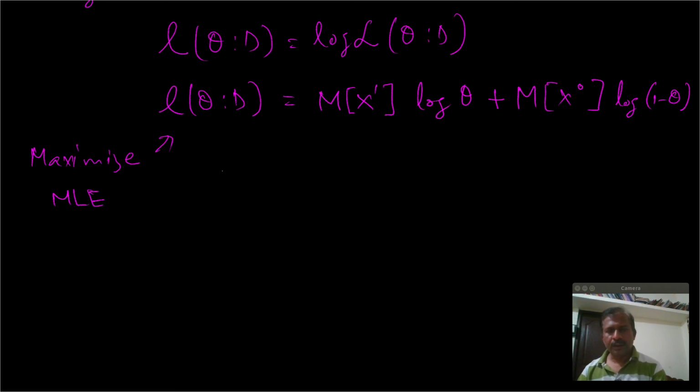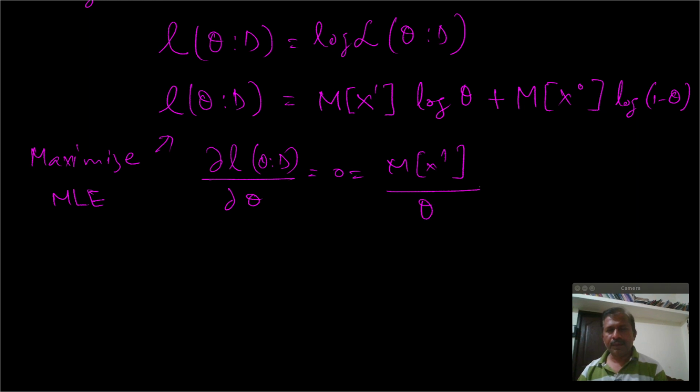If I take the derivative of L of theta and equate it to 0, this will be mx1 divided by theta, and minus mx naught divided by 1 minus theta.